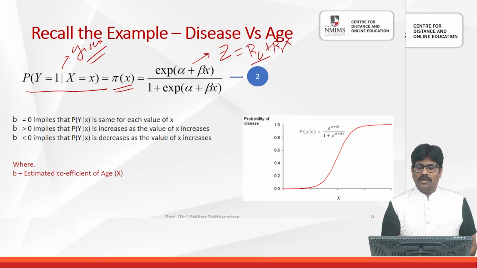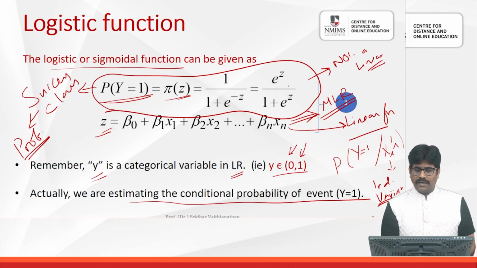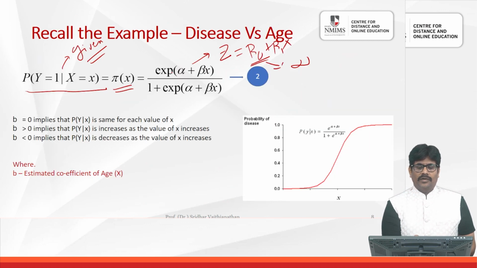Instead of beta naught, here we are using alpha just to differentiate, as an intercept, and beta is the regression coefficient. So exponential of alpha plus beta x, which is what we have already dealt with, is getting expanded: exponential of alpha plus beta x divided by 1 plus exponential of alpha plus beta x.